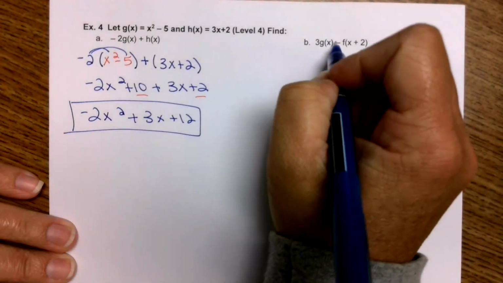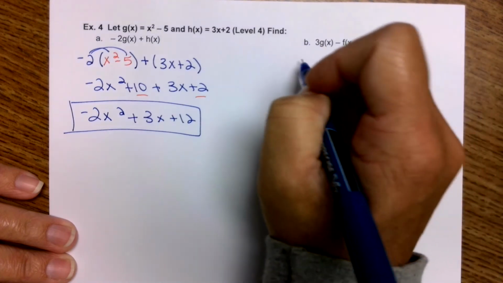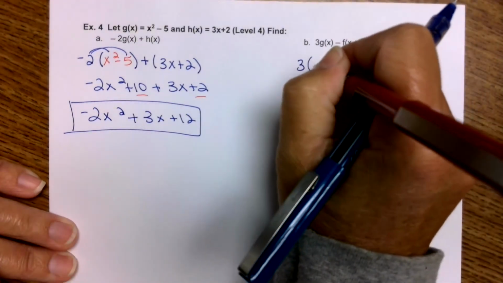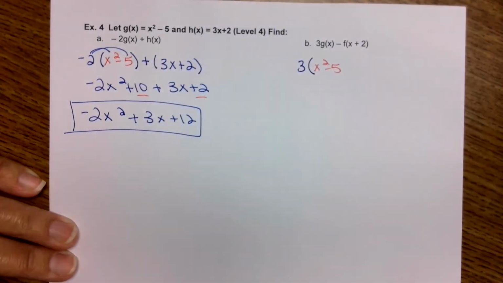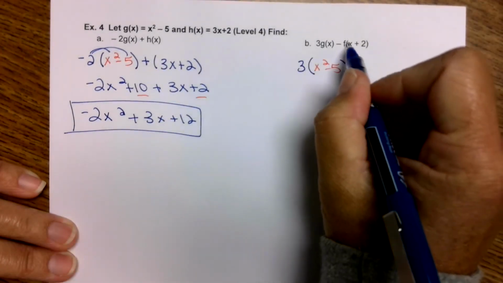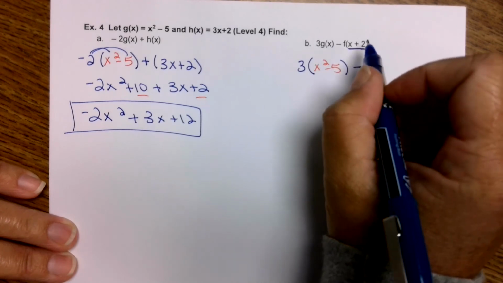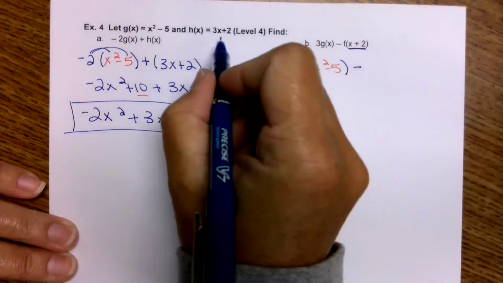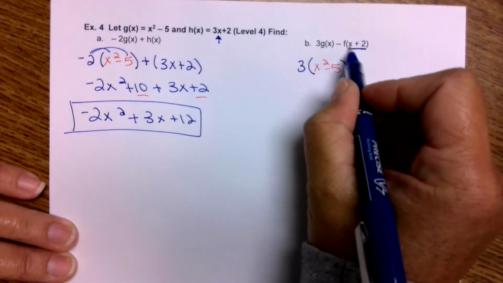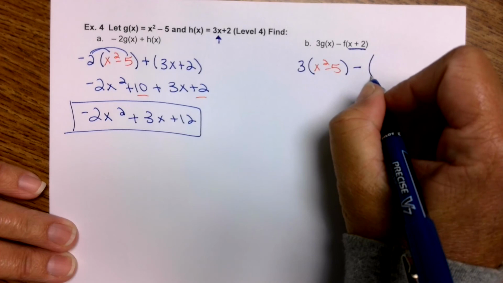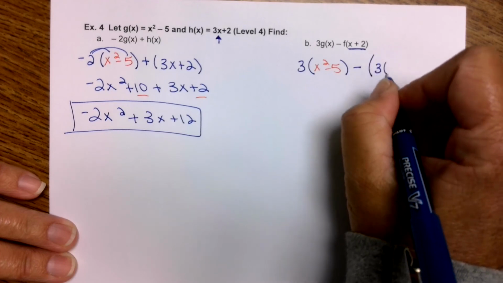On b, we want to do 3 times all of g of x minus, and look at this, this is x plus 2. What that means is wherever I see an x, I'm going to replace it with x plus 2. So I'm going to do parentheses, 3 times.